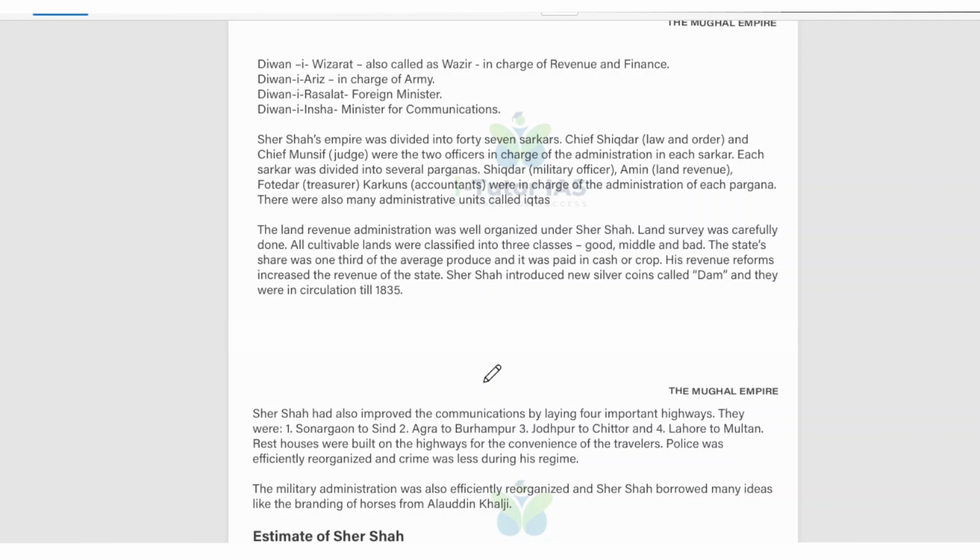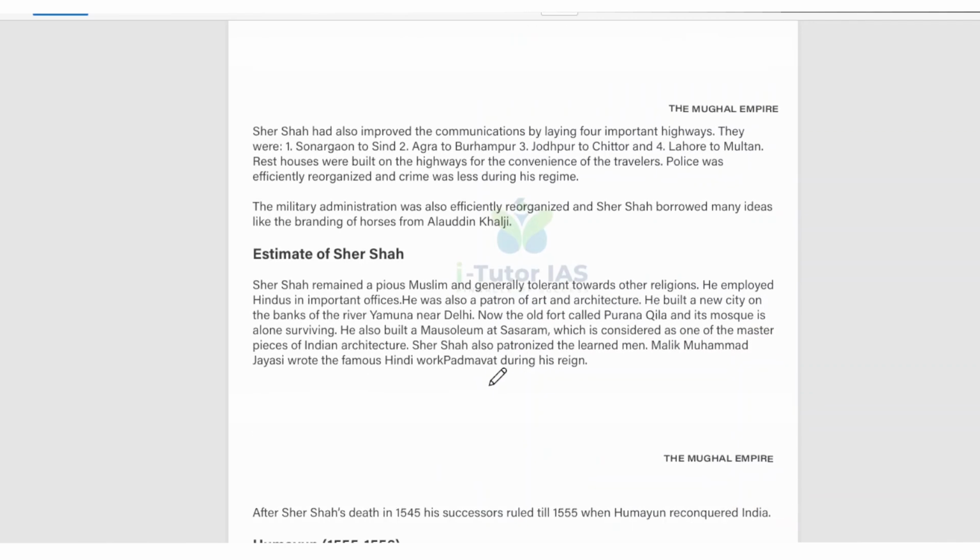Sher Shah also improved communication by laying four important highways. They were Sonargaon to Sindh, Agra to Burhanpur, Jodhpur to Chittor, and Lahore to Multan. Rest houses were built on the highways for the convenience of the travelers. Police was efficiently reorganized, and crime was less during his regime.